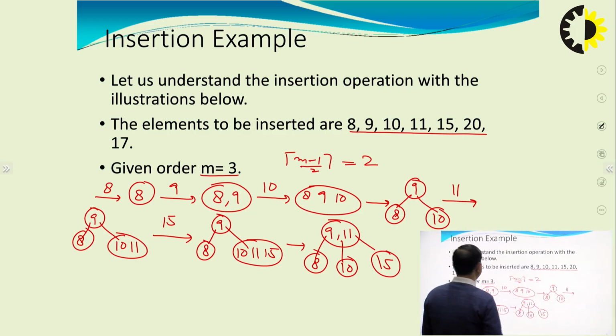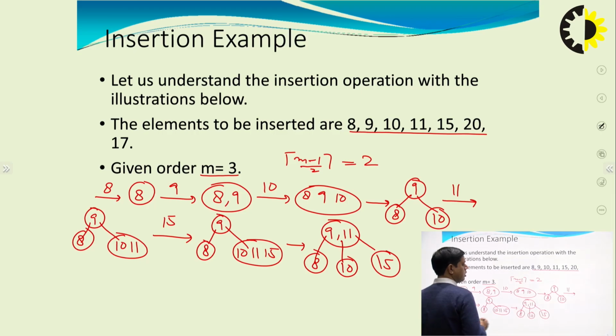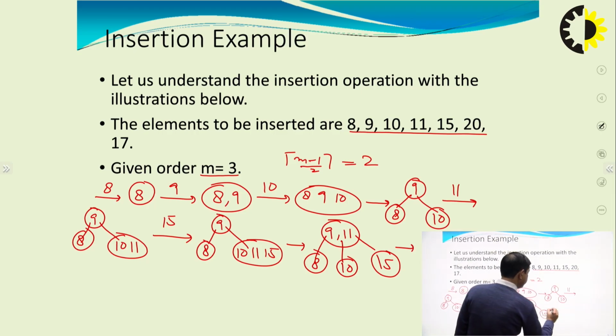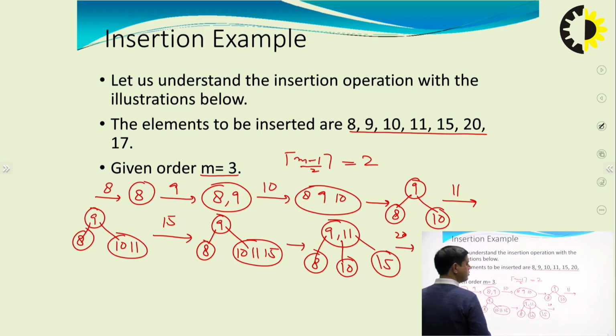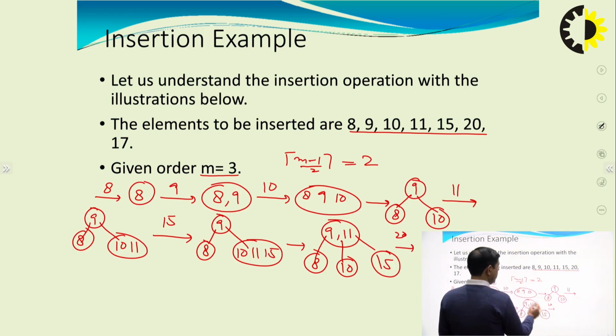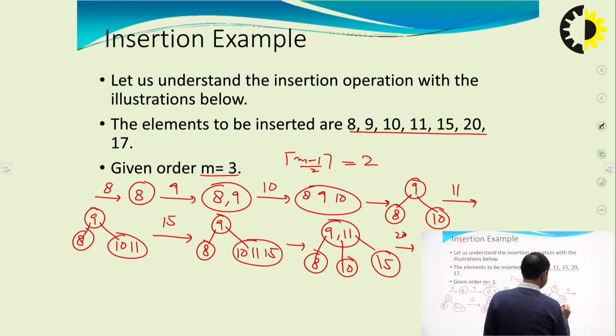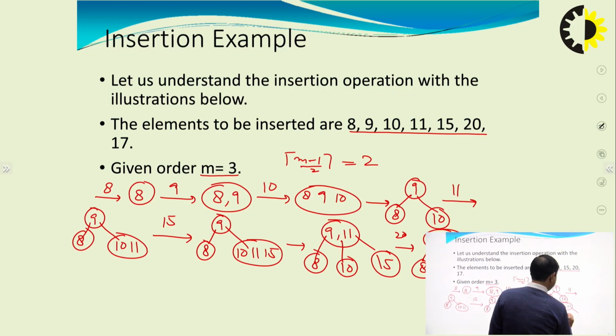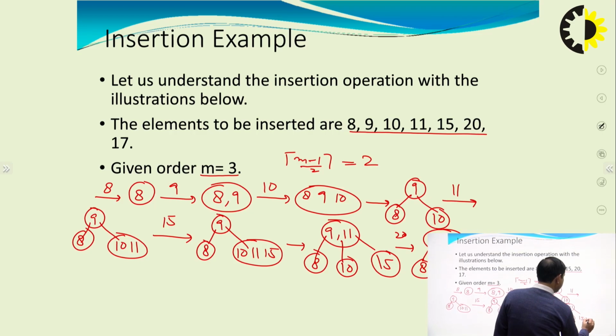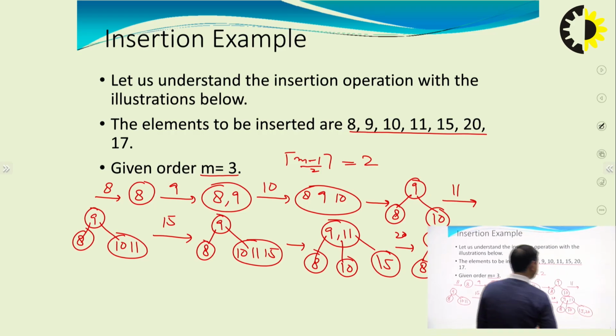Now the next value we have to insert is 20. We will compare 20 with the root. Because 20 is greater than 11, it will come to the right side and it will be like this: 9, 11, then 8, 10, and 15 and 20, because 2 values are allowed at a particular node.